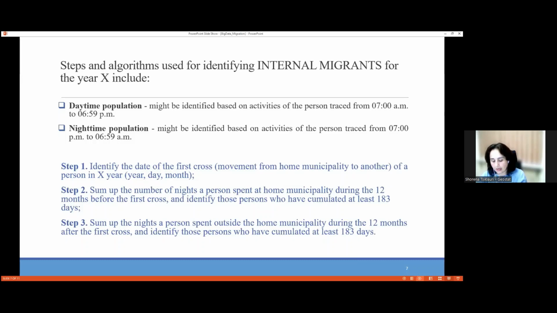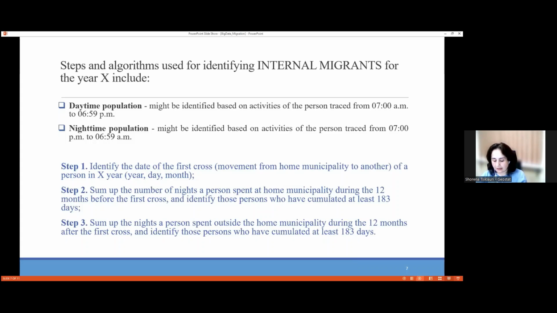or more and consider him or her as the usual resident of the municipality where more than 50% of communications, like incoming and outgoing calls, SMS, and internet connections, have been traced in the first half of the 12 months in one municipality, and if the same occurred in the second half of the period, we can consider this person as an internal migrant.